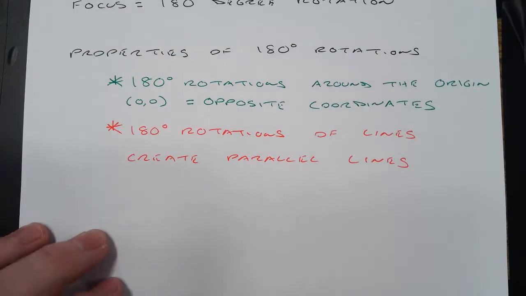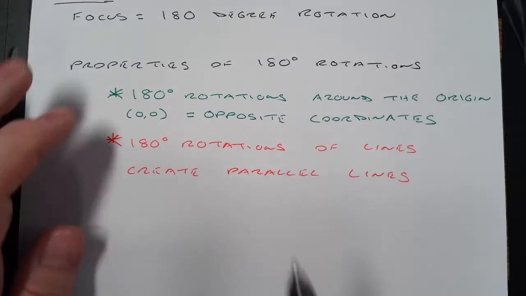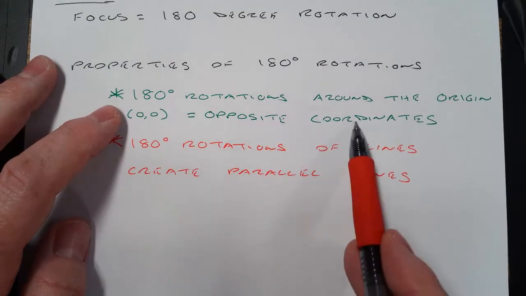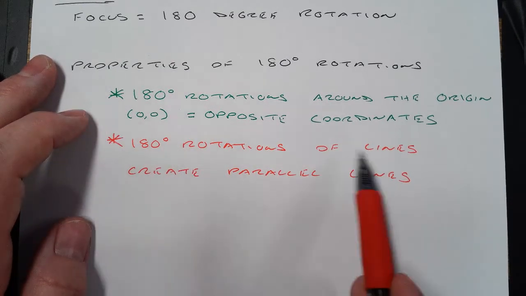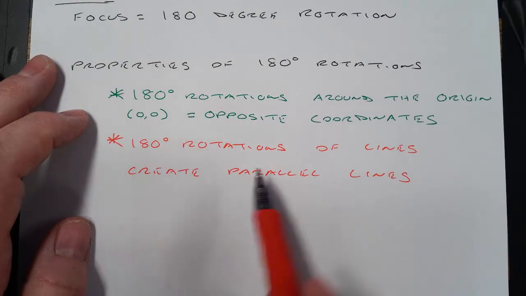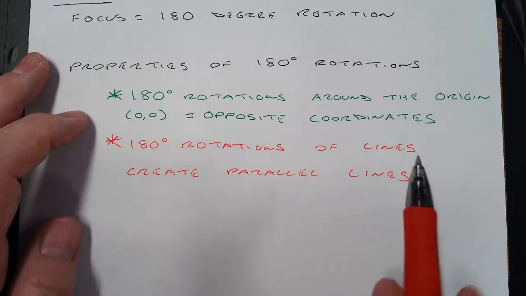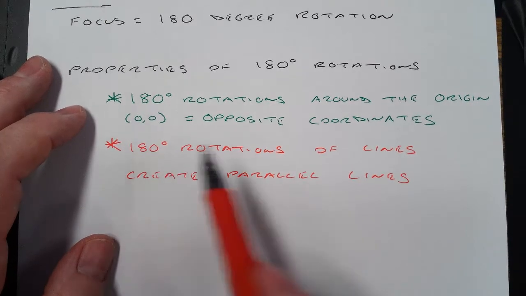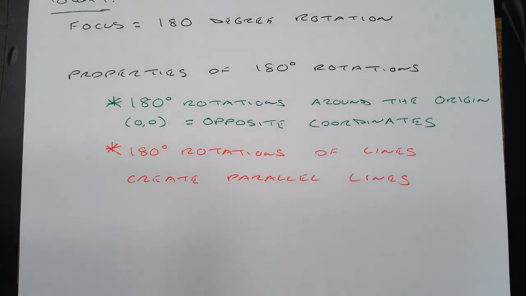So that's two things that we learned. If the rotation is 180 degrees, it's opposite coordinates. And if we rotate a line 180 degrees, they are parallel. So parallel lines are 180 degrees apart, and they have opposite coordinates.